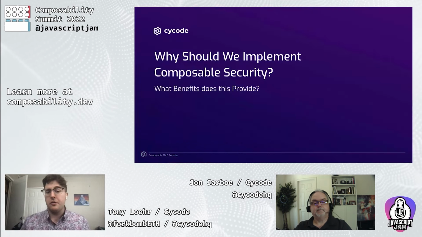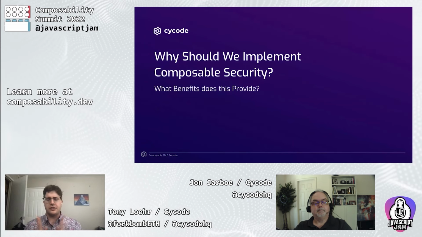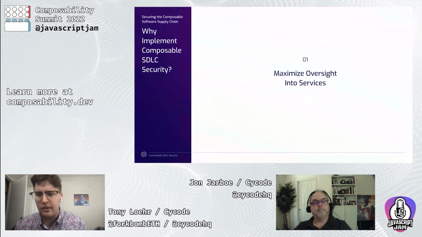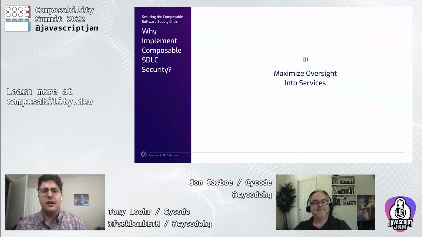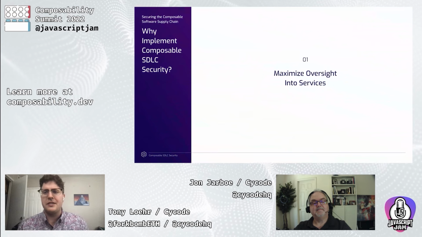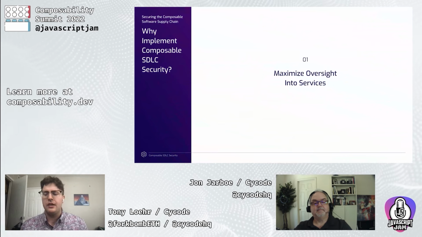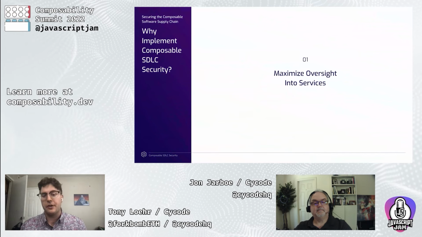So that really explains the first part of why we should implement composable security. But getting into some of the additional benefits, we maximize oversight into services, I guess surfaces too. Maximizing this oversight helps prevent any data from being tampered with without any sort of oversight. It prevents vulnerabilities from going unpatched.